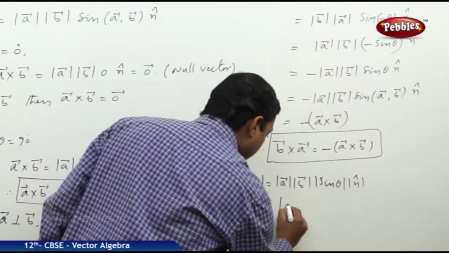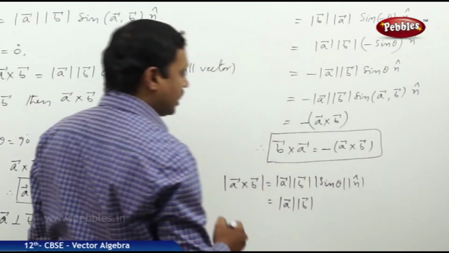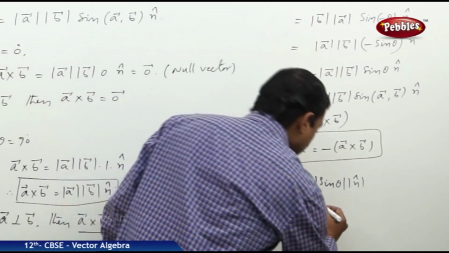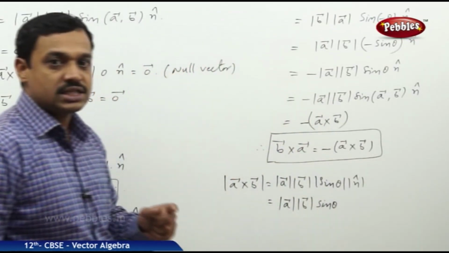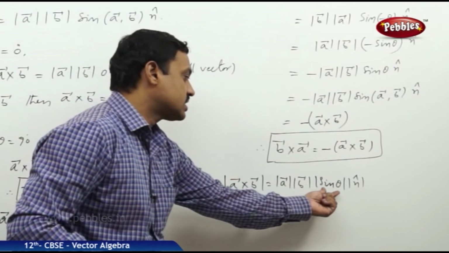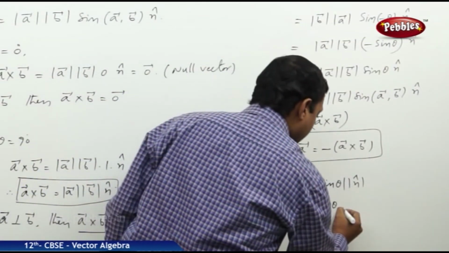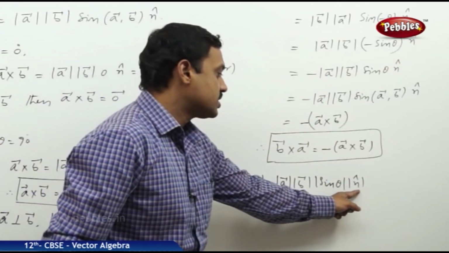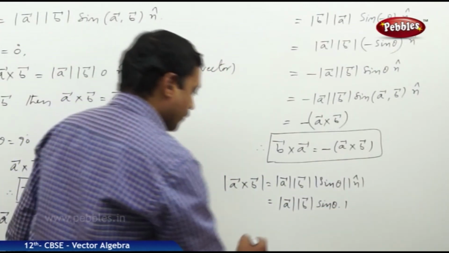This is mod A into mod B into sin theta, since modulus of sin theta is sin theta, because theta always belongs to the interval 0 to pi. In that quadrant, sin is always positive. Modulus of n cap is equal to 1, because n cap is a unit vector, hence its magnitude is 1.